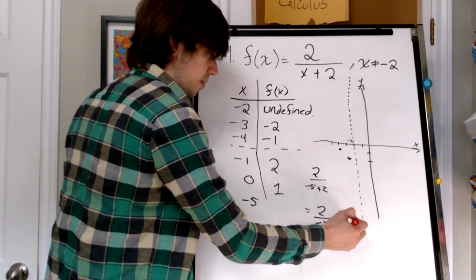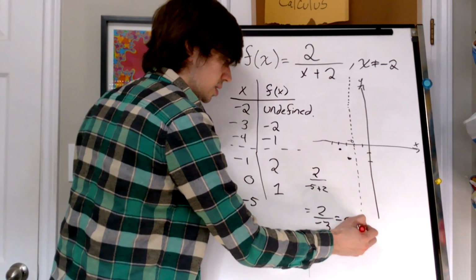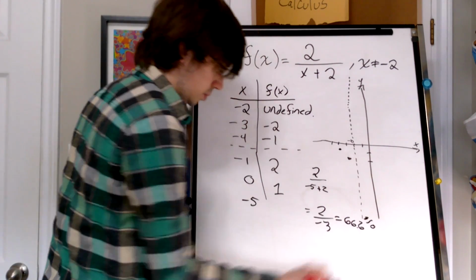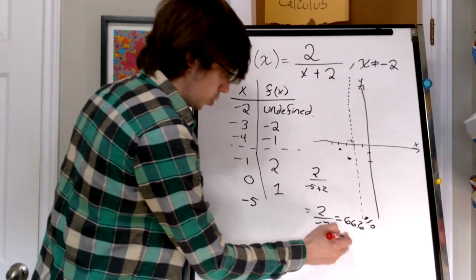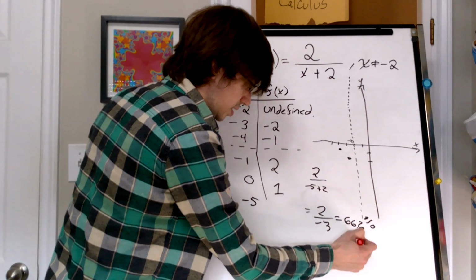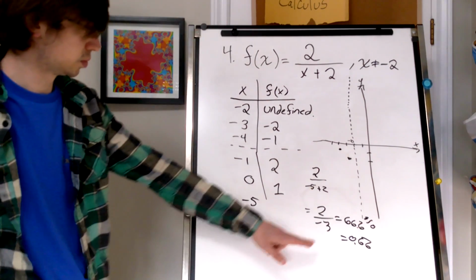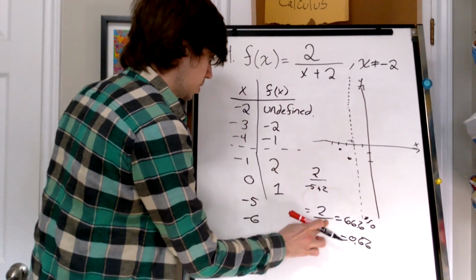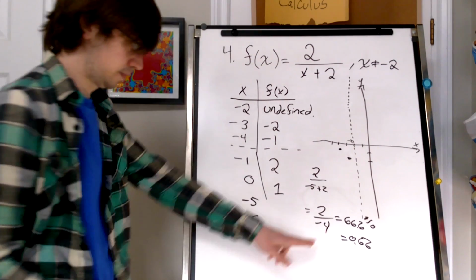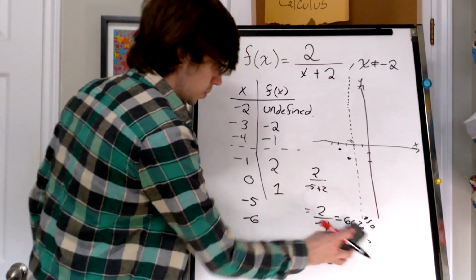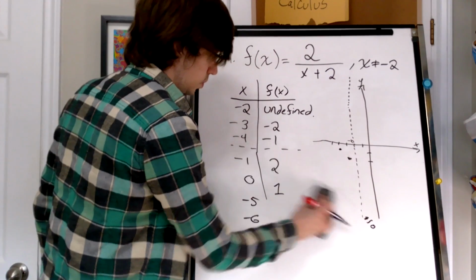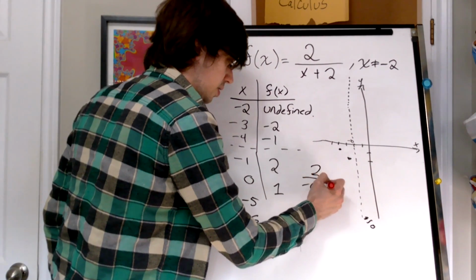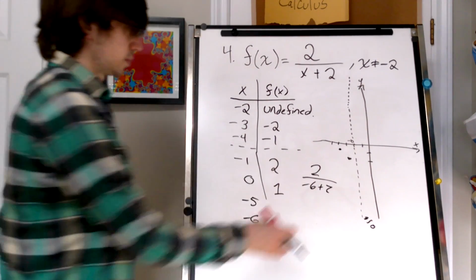So that is about 66.6 repeating percent, or 0.66 repeating. If we plug -6, then this would become -4. All right? 2 over -6 plus 2, -4.